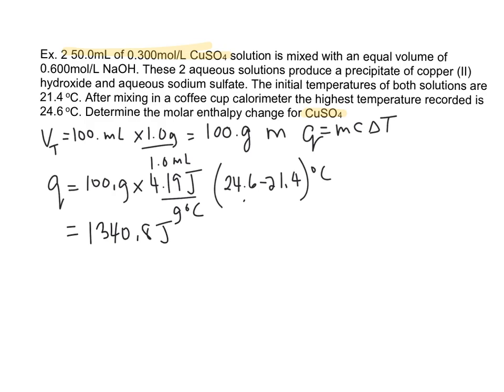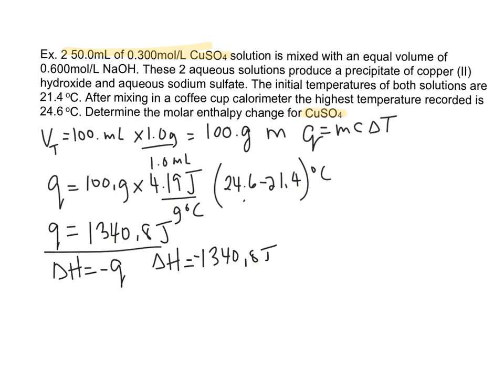1040.8 joules of energy. You can, if you want, convert this to kilojoules here, or you can calculate it to kilojoules after. It doesn't really matter. You must write the statement so we know that the enthalpy change for this quantity of these concentrations will involve the energy change of 1040.8 joules.